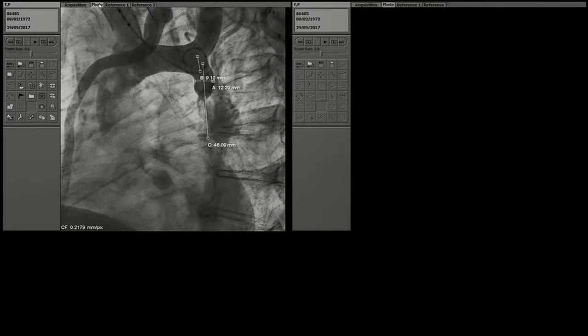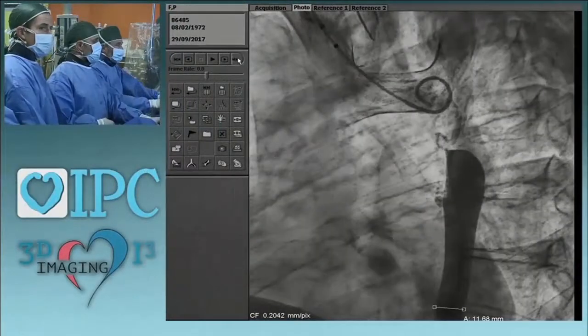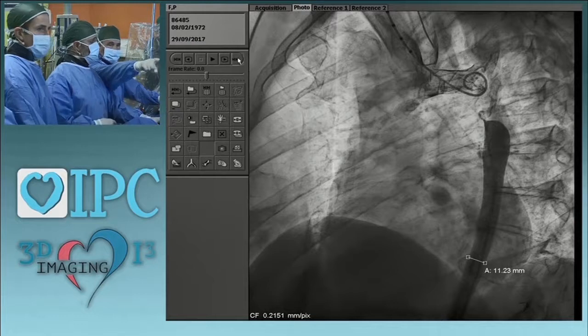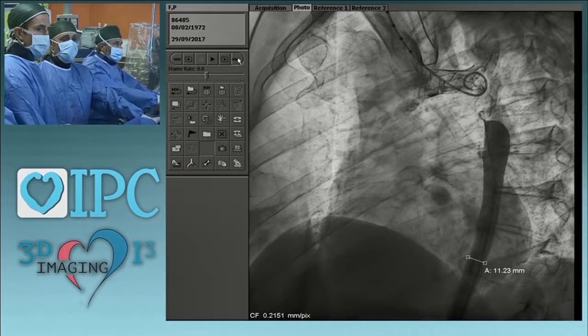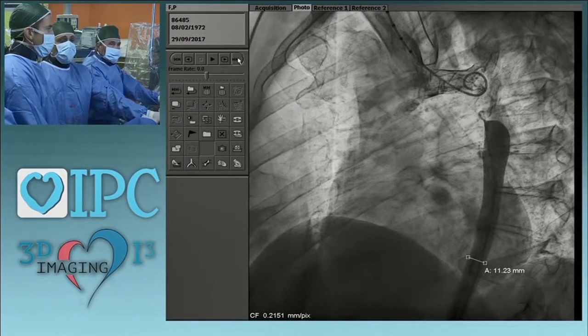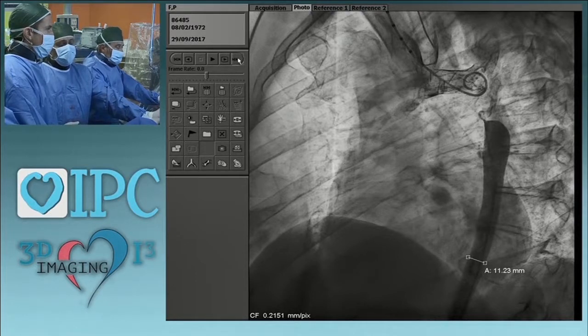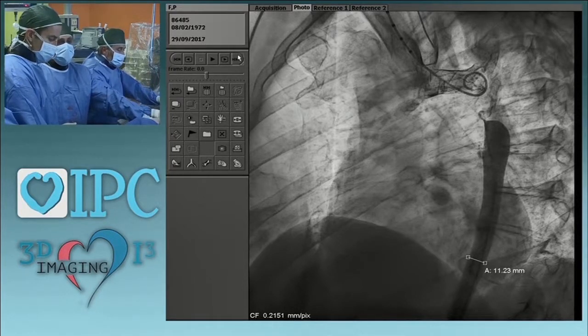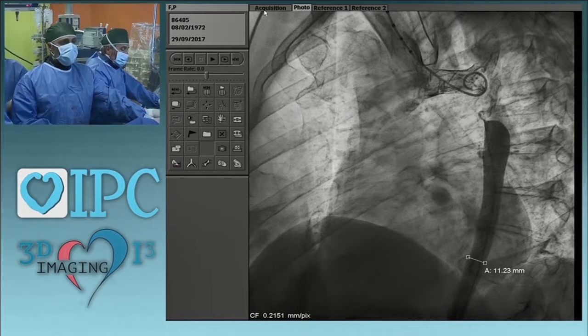As you may see, that is around 9-10 millimeters, and this will be important when placing a covered stent. And next picture, there are measurements of the descending aorta at the level of the diaphragm, and this is around 11 something millimeters. So now the plan is to implant a covered stent, and there are comments from you for sure about type of covered stents and length and diameters, etc.